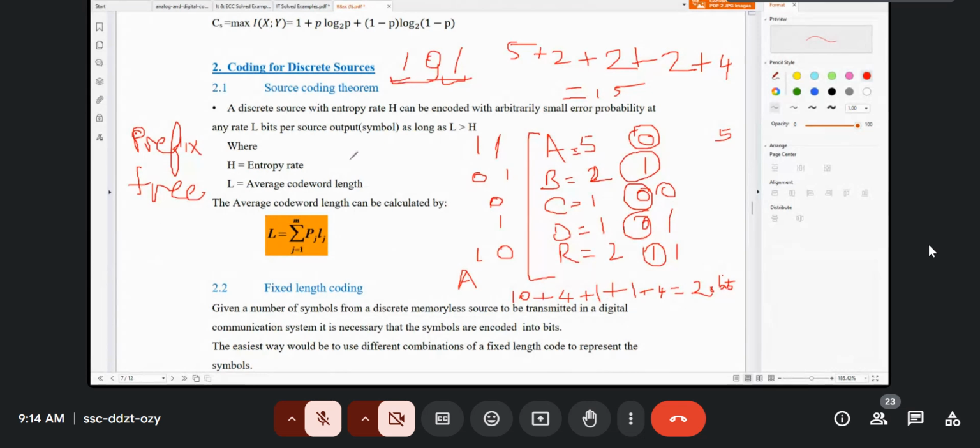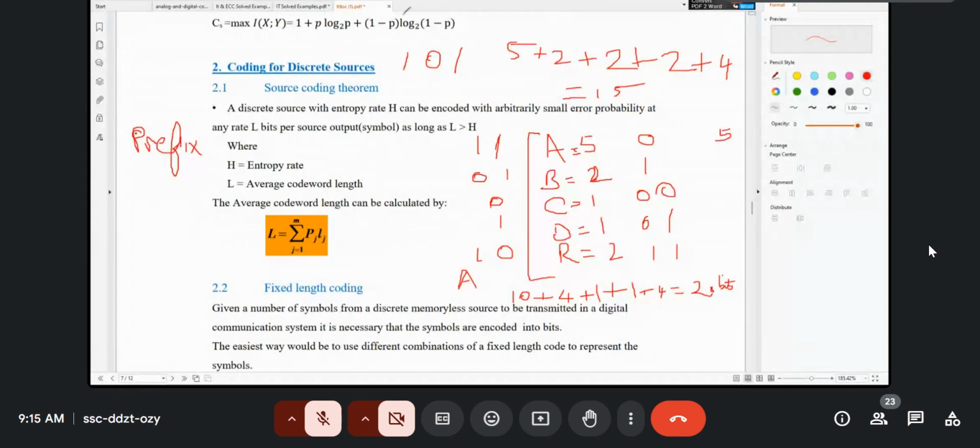So we are going to look at different algorithms. We are only going to look at two that give us a prefix free code, which makes them uniquely decodable. There's also another term, I think it's the same, called instantaneous code. A code is instantaneous because you can decode a symbol without having to look at the next symbol.